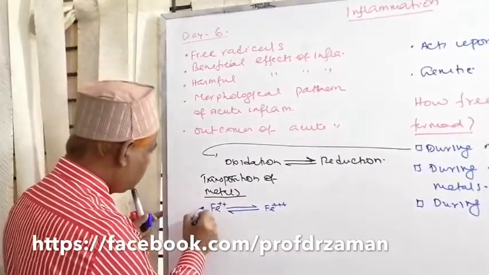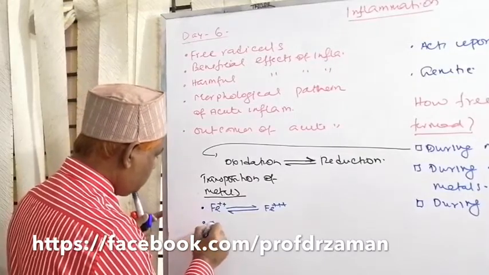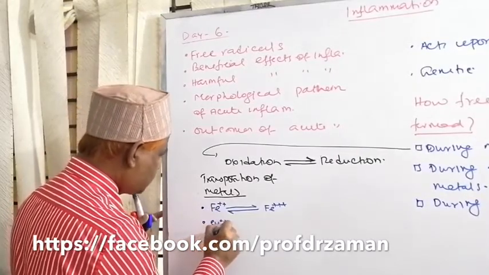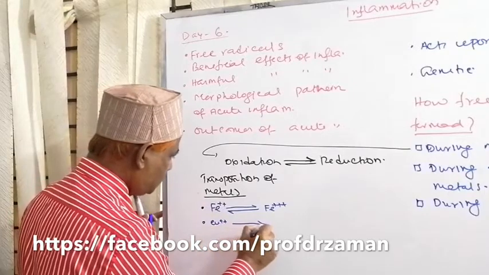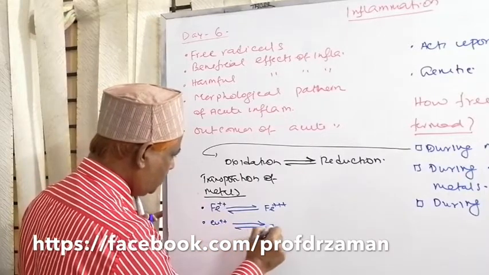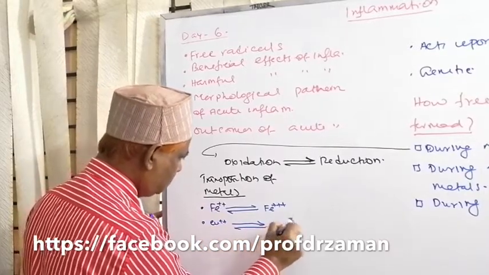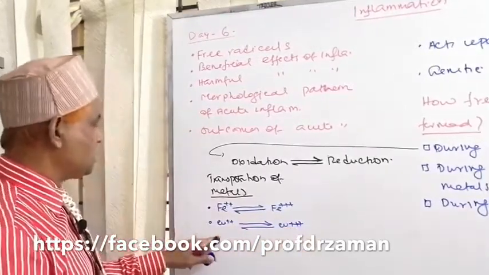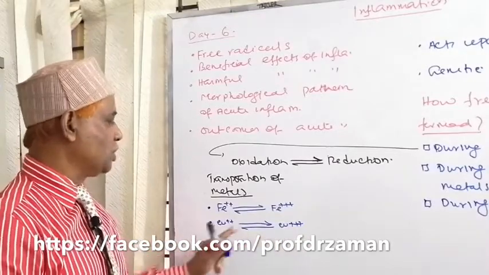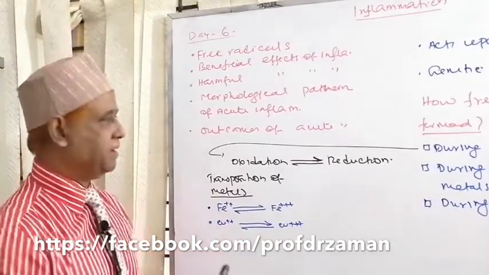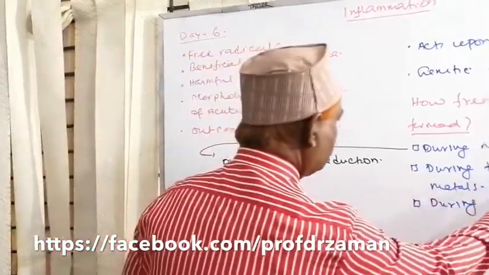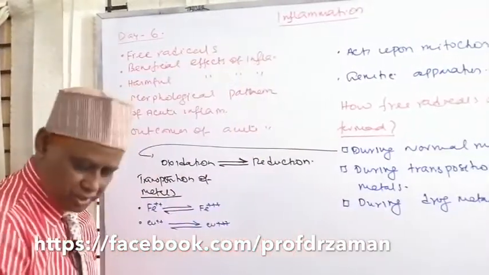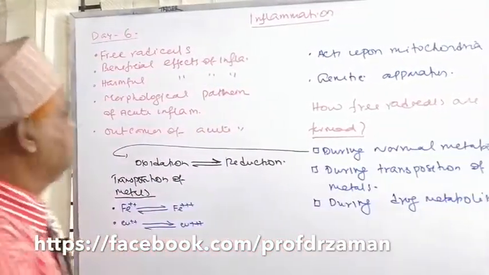Another metal, copper, may remain as cuprous and cupric. So this copper, during transposition from cuprous to cupric or cupric to cuprous, forms free radicals. This is the transposition of metals that is associated with free radical formation.